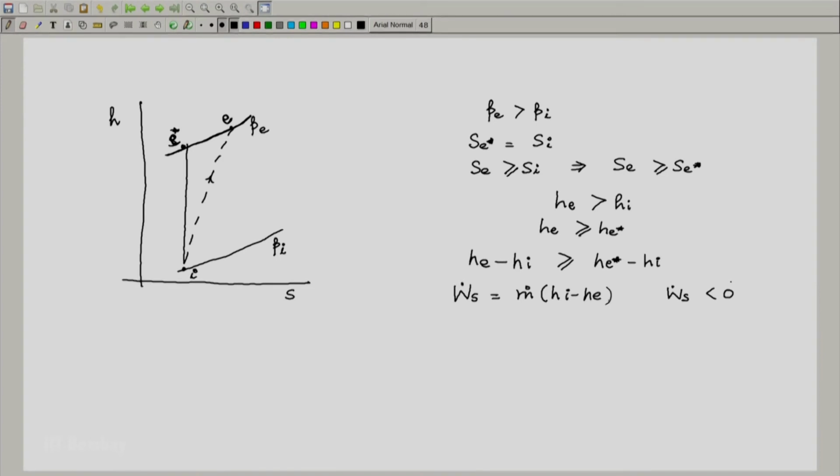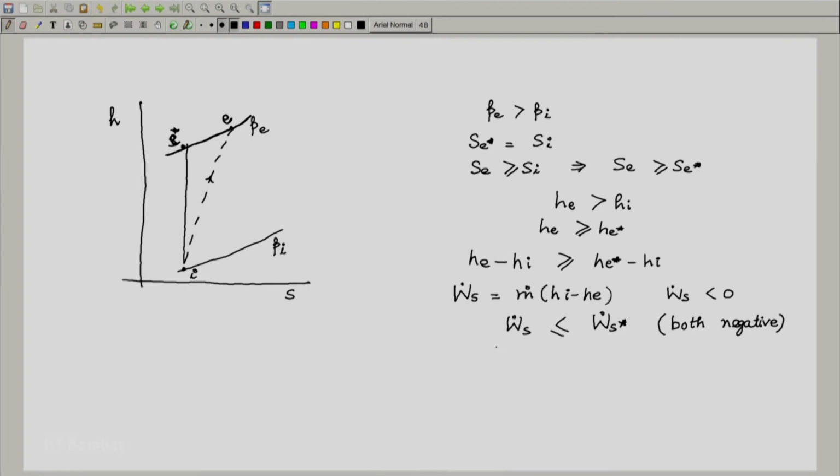W dot S, the shaft work, is a negative quantity. If we look at the definition of W dot S, because both quantities are negative, and because He star minus Hi is of a smaller magnitude, W dot S actual algebraically is a smaller quantity than W dot S star. Both of these are negative, and W dot S is a larger negative quantity than W dot S star.